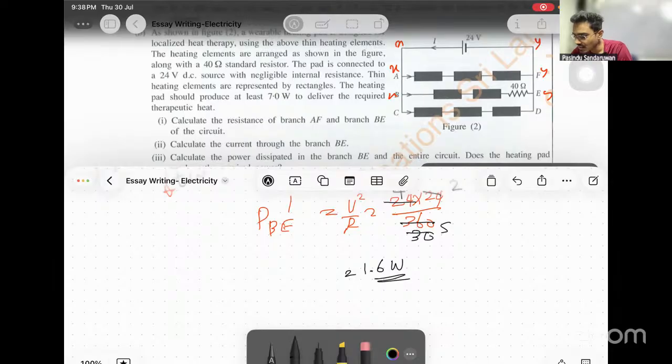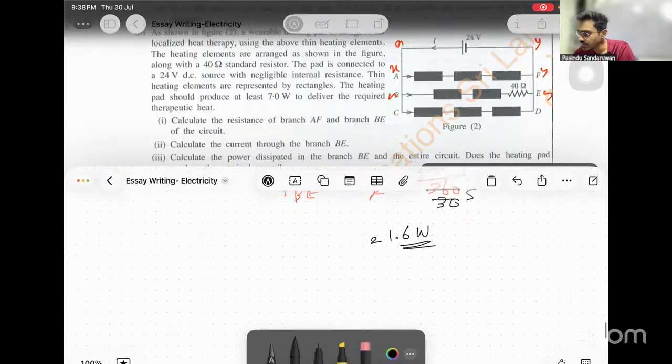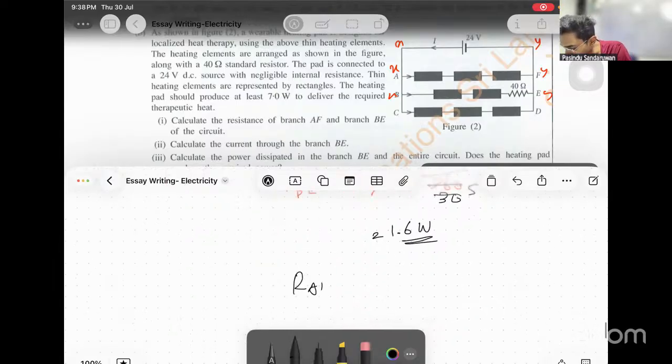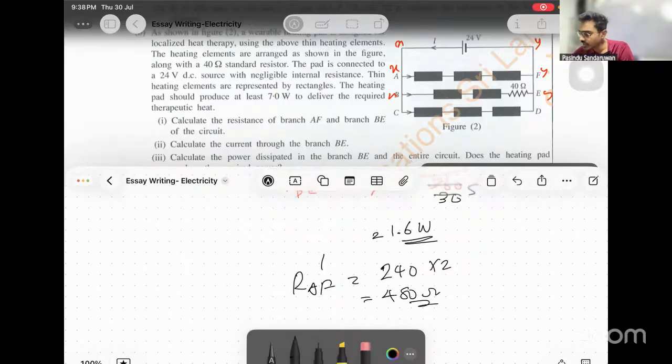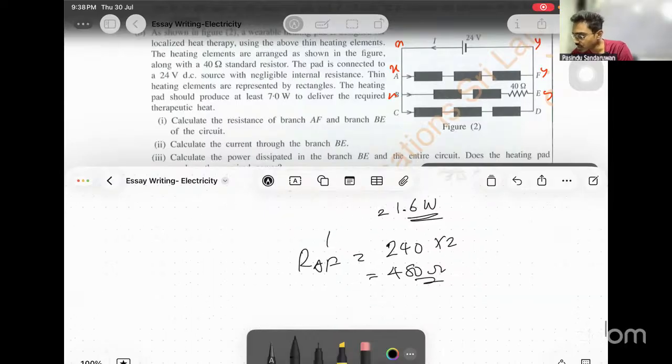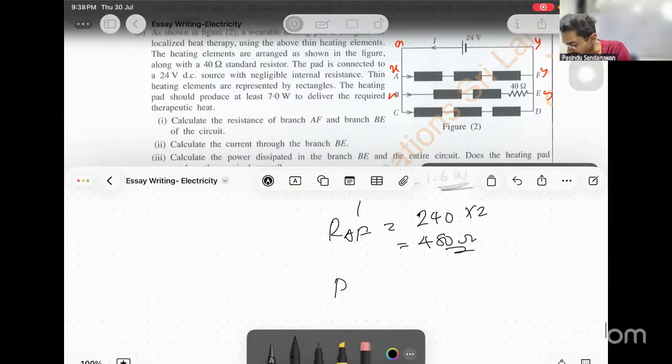And for the other two, when resistance is doubled, new resistance of AF, previously it was 240, now is doubled. Then it becomes 480 ohms. Since resistances are equal, power of AF equals power of CD.